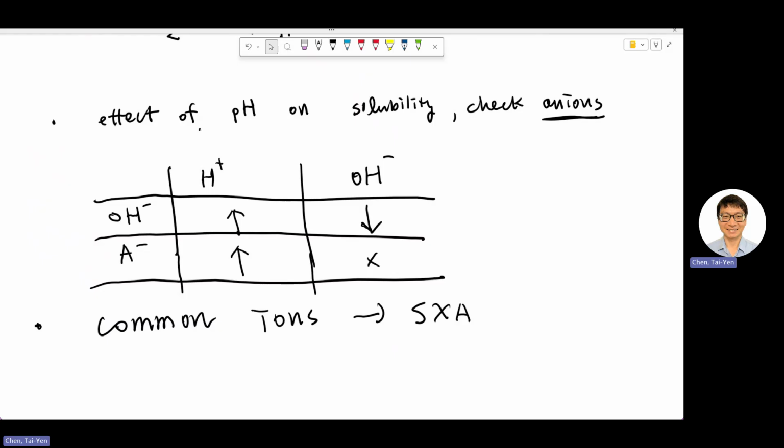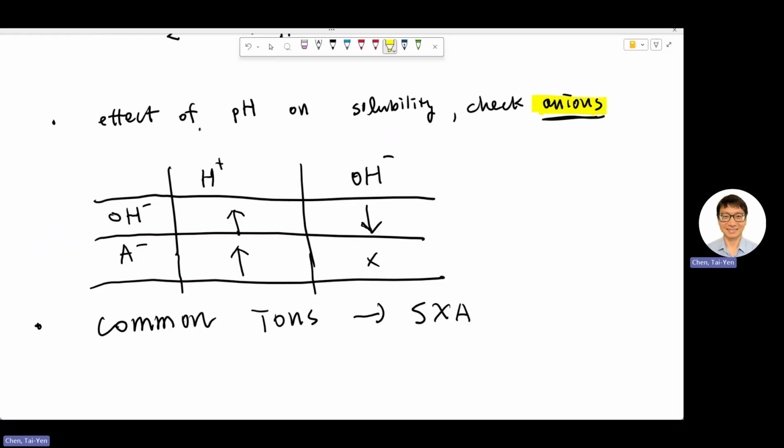The basic principle to make the proper judgment is that you need to check the anions of your insoluble salt. The reason you check the anion is that it has to be sensitive to H+ or OH-, right?